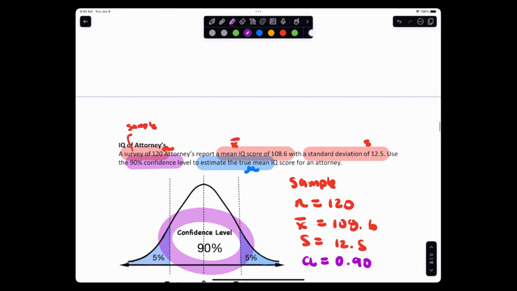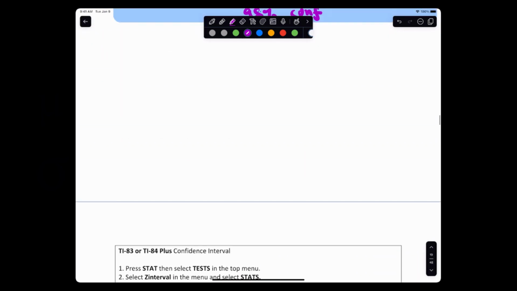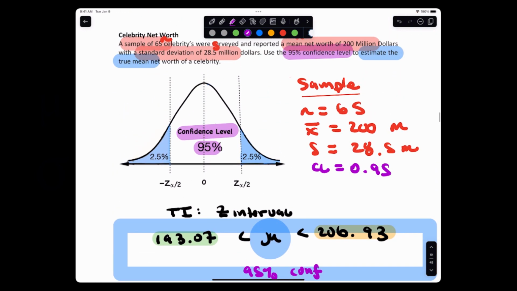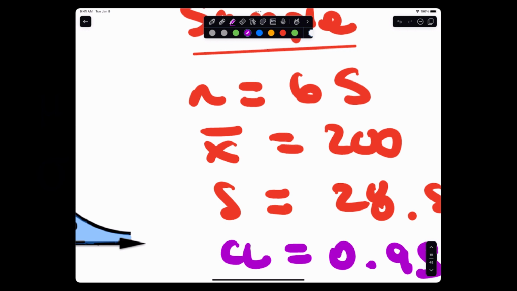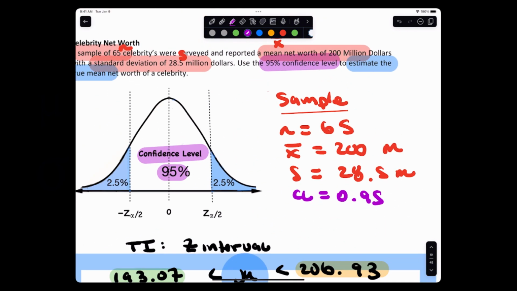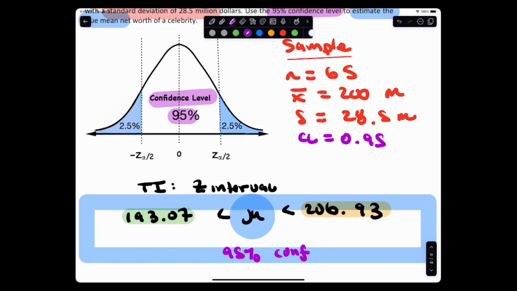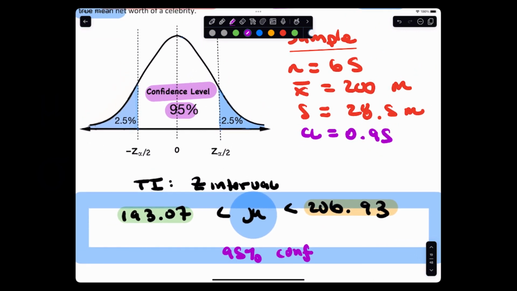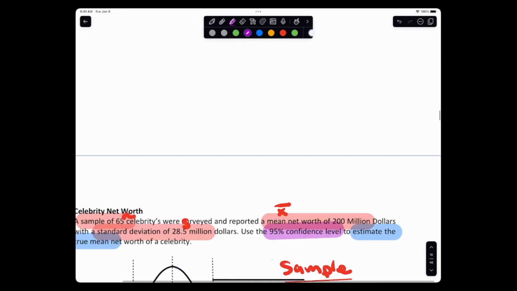Just like over here, the prior example, what does the confidence level mean? Well, if you take an arbitrarily large number of samples, all of size 65, 95% of the sample means will live between these two numbers. That's the meaning of confidence level. And again, what about the prior example?